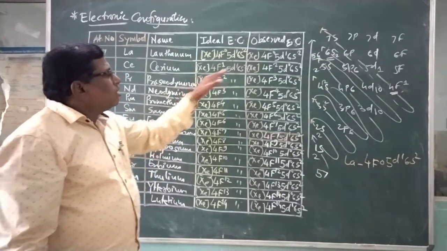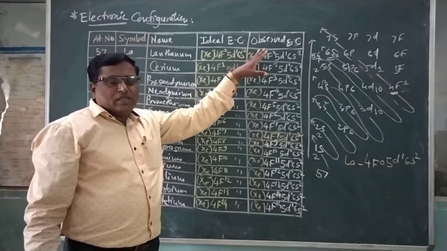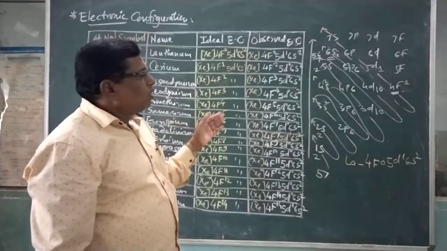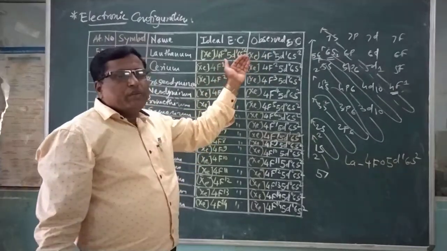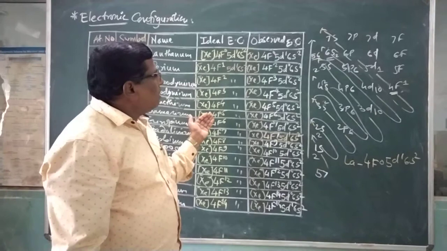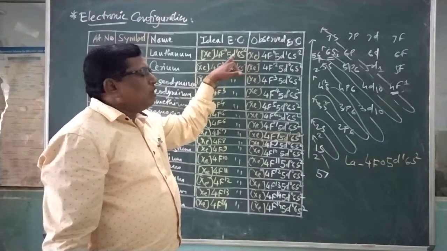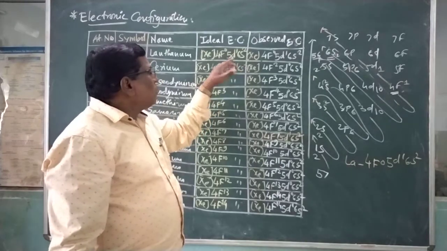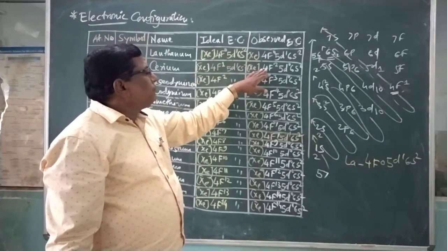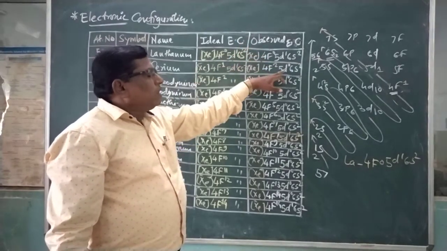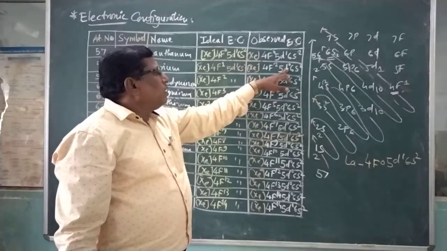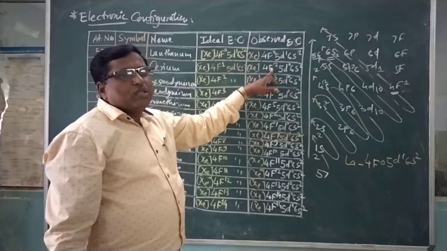Now what happens in the case of observed electronic configurations? There is some difference. For lanthanum, a similar electronic configuration is found. But in the case of cerium, the d orbital becomes vacant, and this d orbital electron enters the f orbitals.